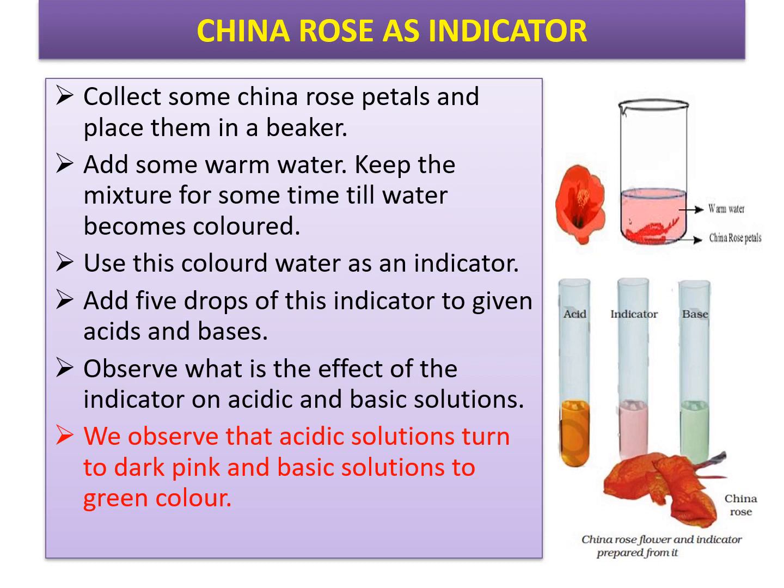If we add this China rose petal indicator to an acid solution, it will turn dark pink, and if we add it to the basic solution, it will turn green. You can see the diagram on the screen.